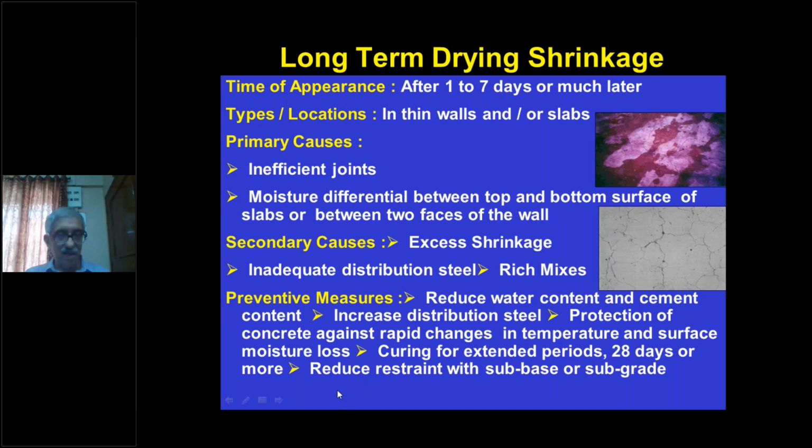So sometimes political pressure can cause pressure to the technical people and ultimately leave the concrete with a lower grade. Reduce restraint with the base and sub-base. Like I said, put a sisal craft paper or a plastic sheet between the base concrete and the pavement concrete.